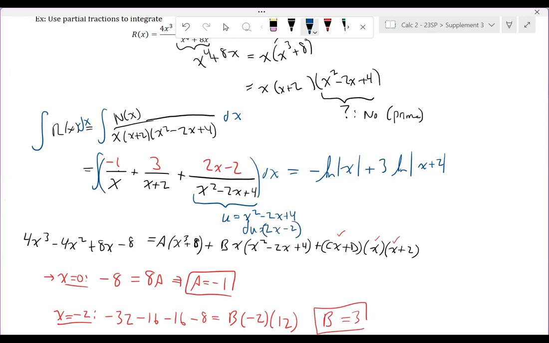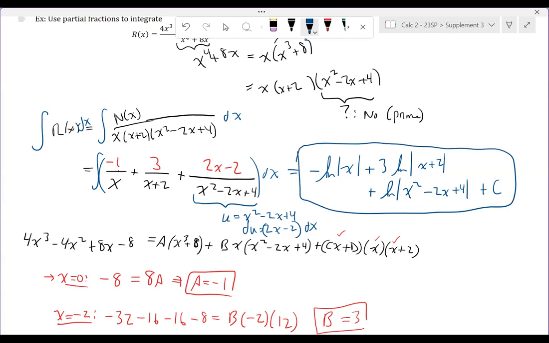And nicely enough, the u substitution does work without any extra manipulation. We have du equals 2x minus 2 dx, and that's exactly what we needed. So we see that this last integral actually turns out to just be log of the absolute value, x squared minus 2x plus 4 and plus c at the end. We could combine those logs, but I think we get the point, and I will leave it there.